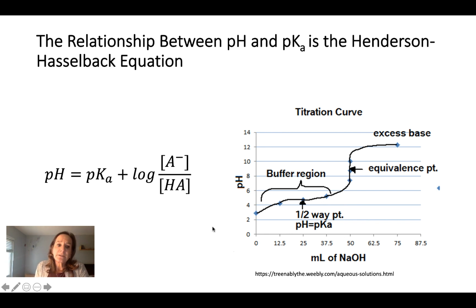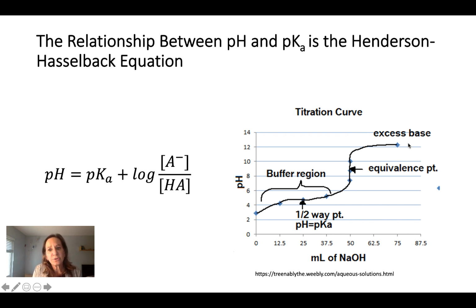At this point, the ratio between your weak acid and its conjugate base is equal to 1, so you have equal amounts of your weak acid and its conjugate base. When that ratio is equal to 1, your log is equal to 0, and your pH is equal to your pKa.